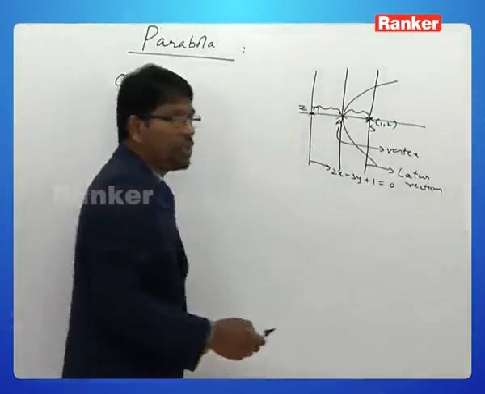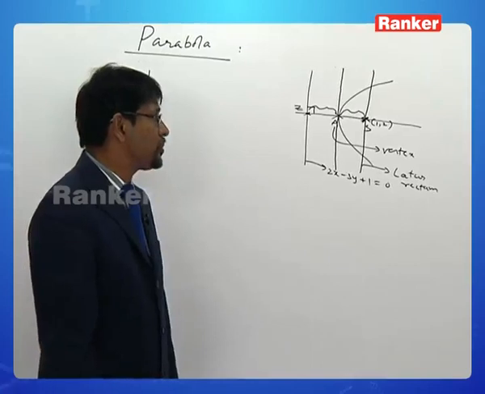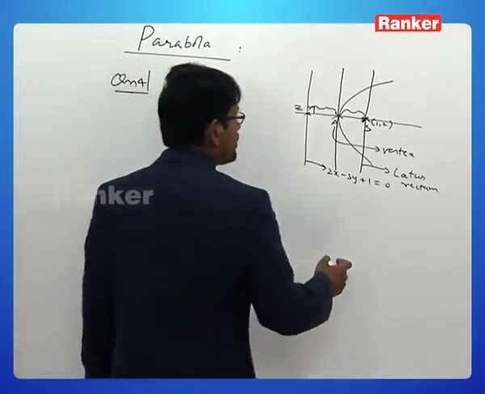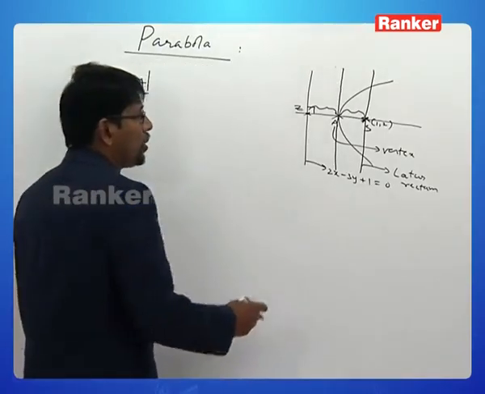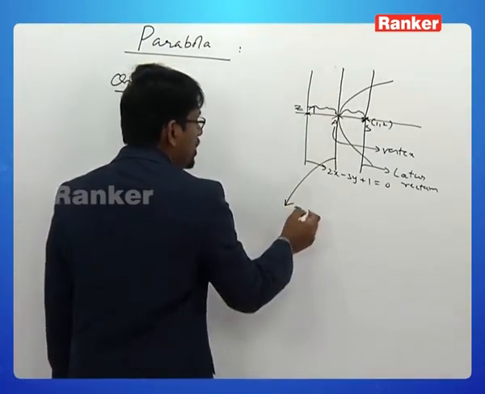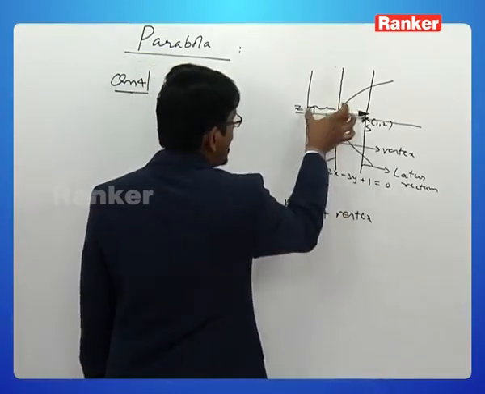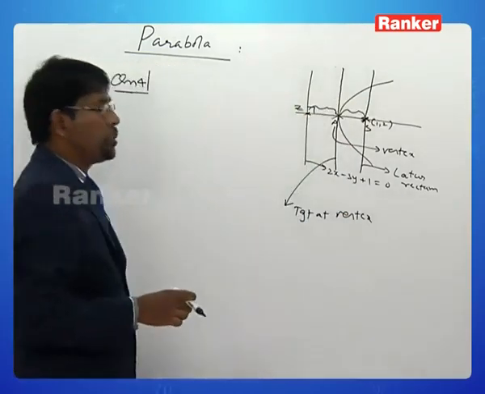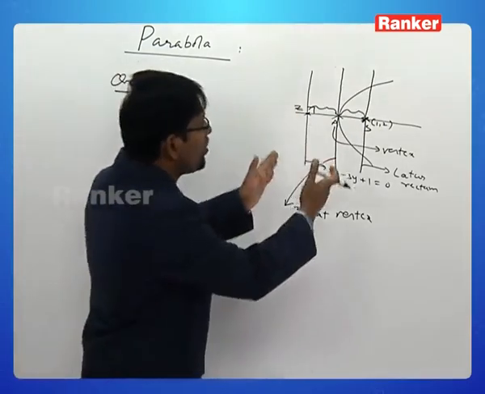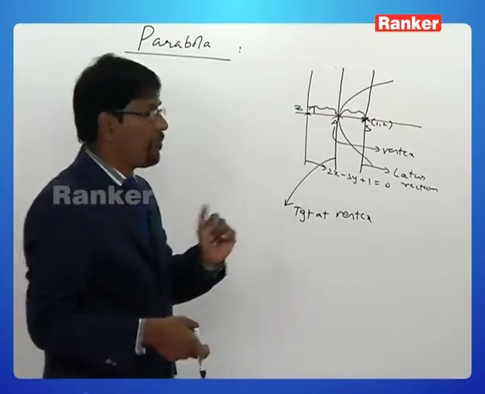A line parallel to the directrix passing through the focus. So this tangent at the vertex is clearly in between the two. It's parallel to both these lines and midway between them.